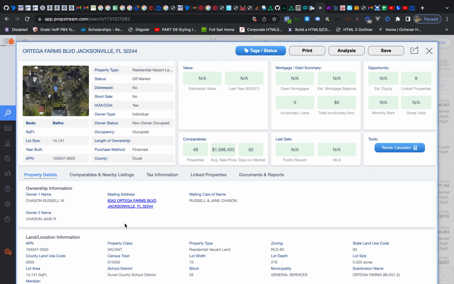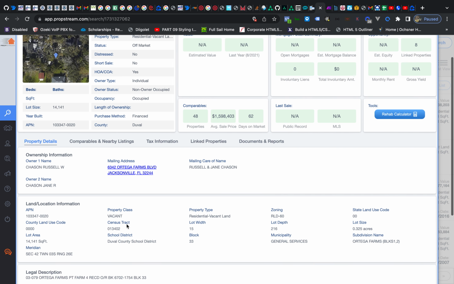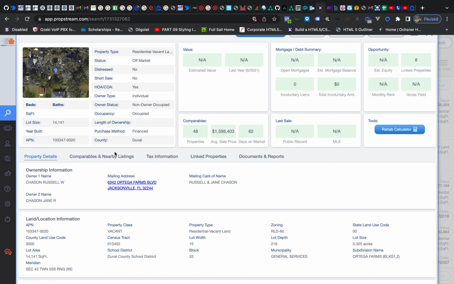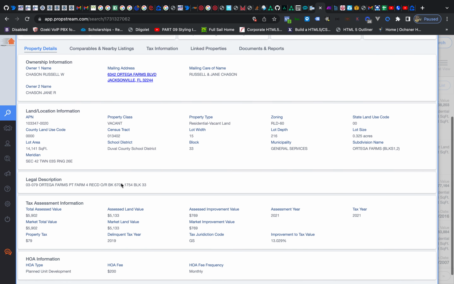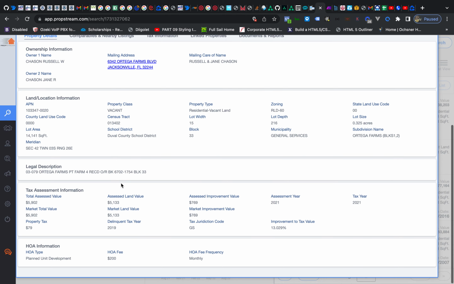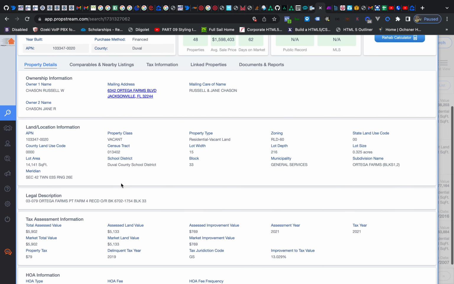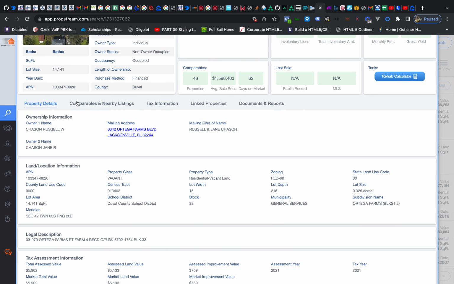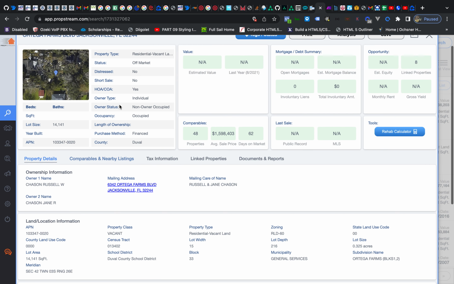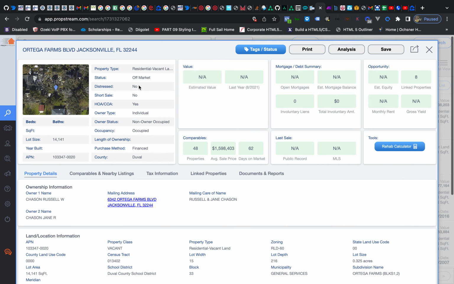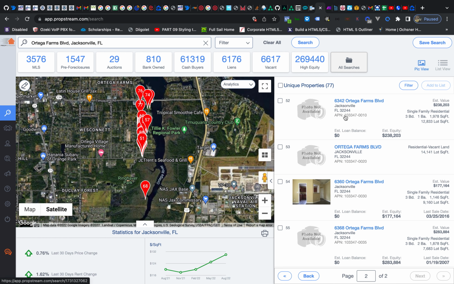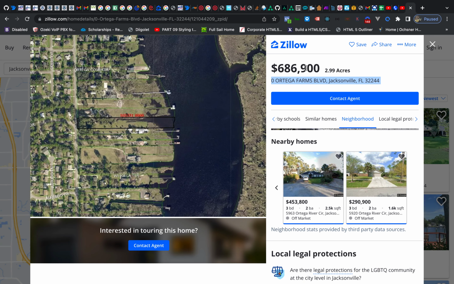Let's check the acreage, because sometimes they might have their own pictures, but it might be it. Yeah, that's not it. Lot size 14,000. Okay, here's what we'll do. Go back here.